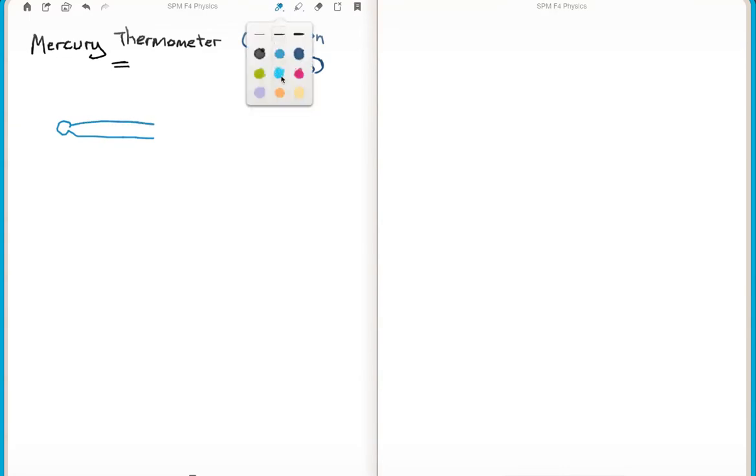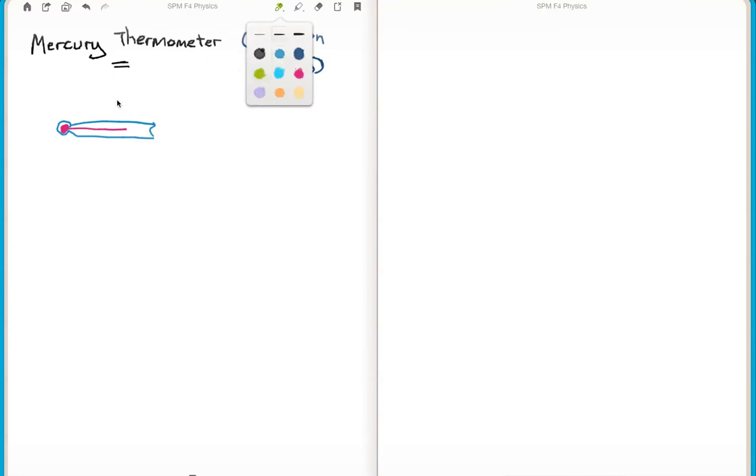Inside you have the mercury, some red, some gray, and it helps you see how far it has gone. I didn't draw the whole length of it; I just cut it somewhere here.